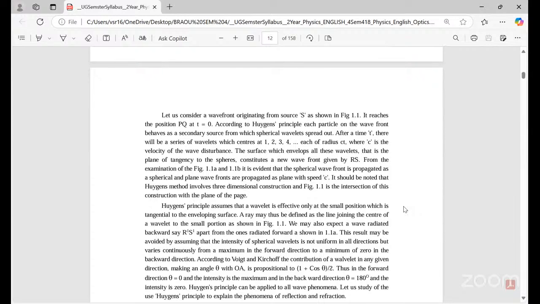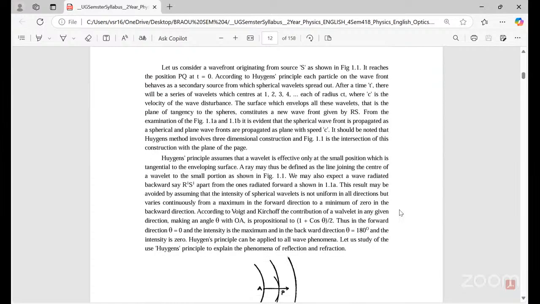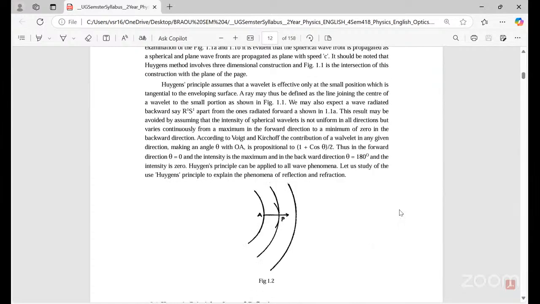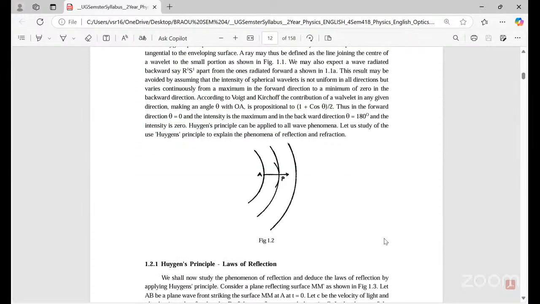Huygens principle assumes that the wavelets are effective only at the small position which is tangential to the envelope of the surface. Let a ray be defined as the line joining the center of the wavelets to the small portion, and one may also expect a wave radiated backwards, say R dash S dash.